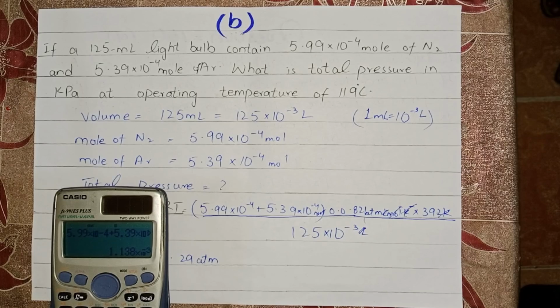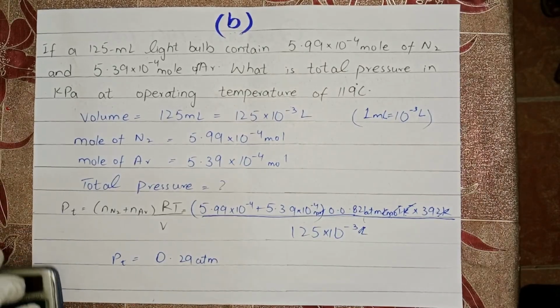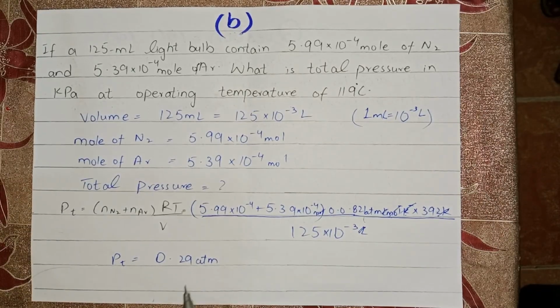Then multiply with 0.0821 and then multiply with 392, which is 0.036624, then divided by 125 into 10 to the power minus 3. The answer will be 0.2929, which we can round off to 0.29, so the total pressure is 0.29 atm.